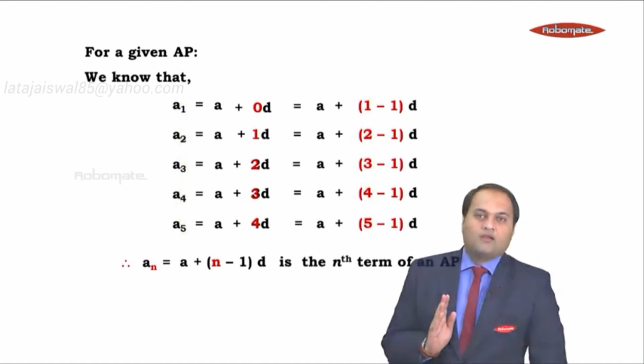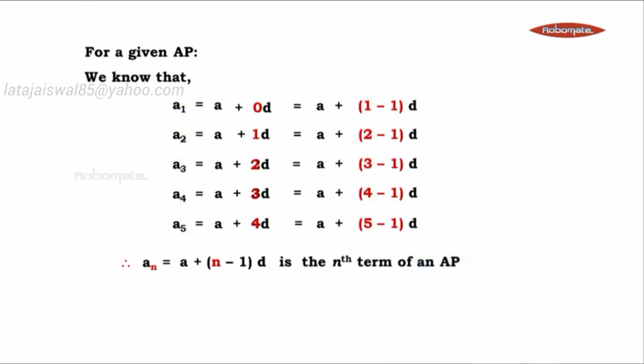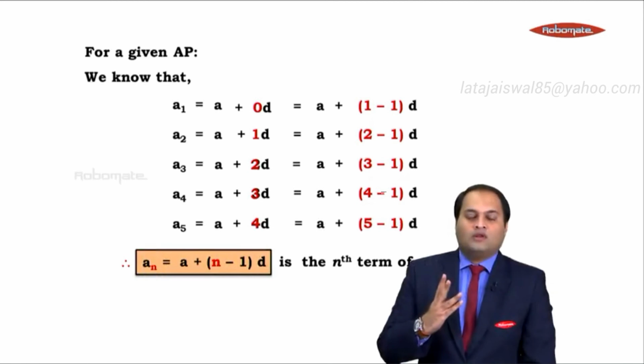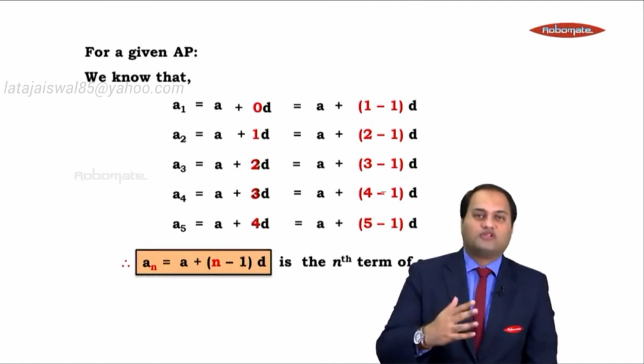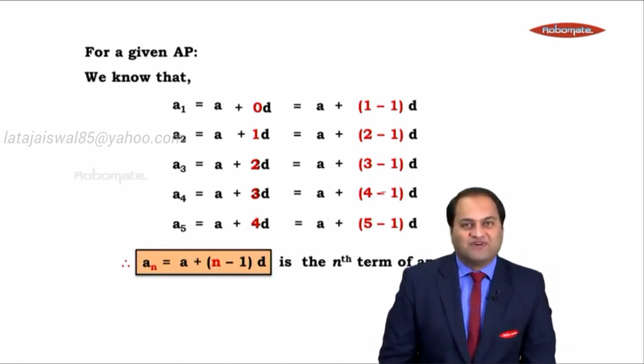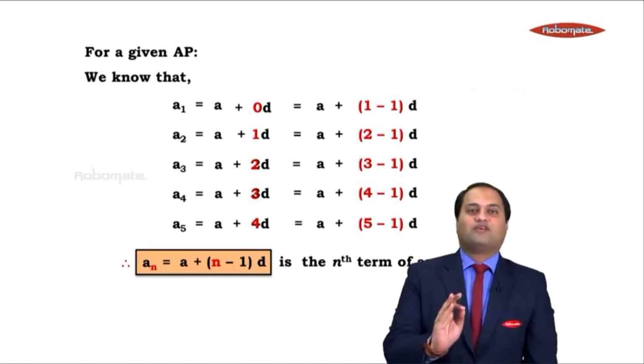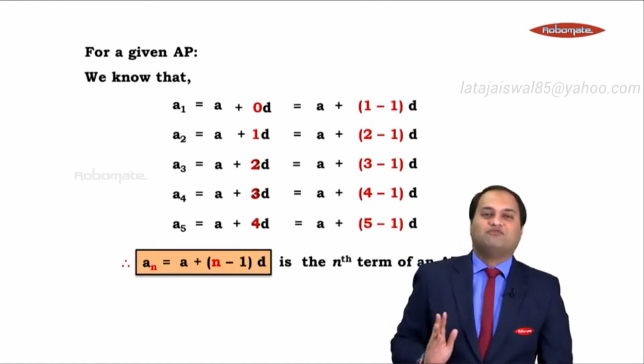So AN is equal to A plus n minus 1 into D is the nth term of the AP. The formula is clear? Very important formula, right? Most of the sums in the next part will be based on this. Clear? AN is equal to A plus n minus 1 into D. Very, very simple.